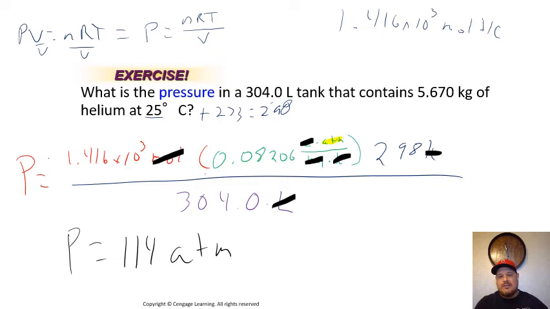That's a lot of pressure, right? Just for some frame of reference, I'll have to look it up, see what the standard pressure is for a tire or something like that. But there's a lot of pressure there.